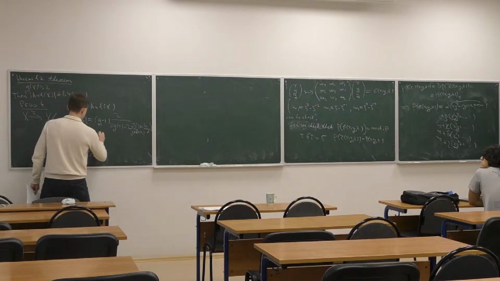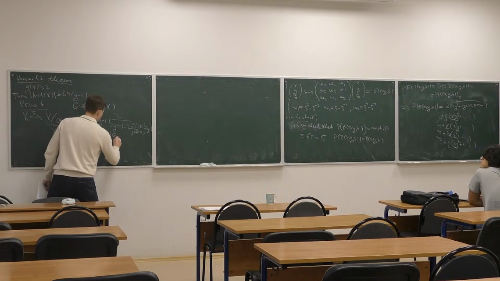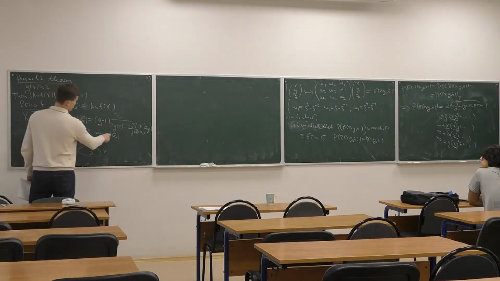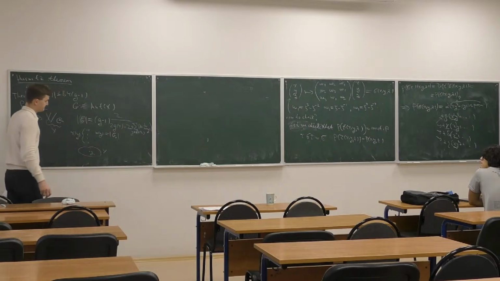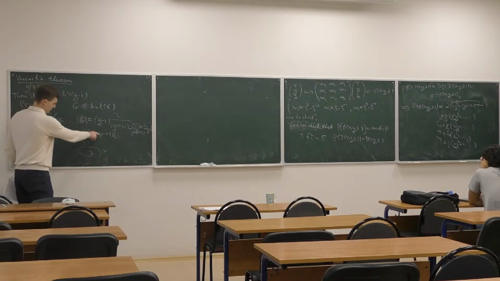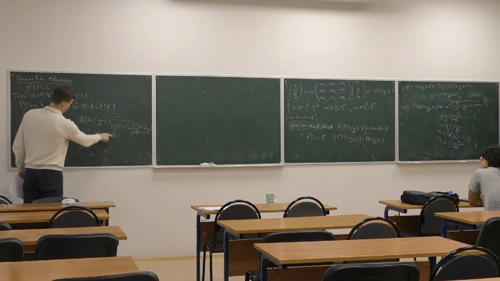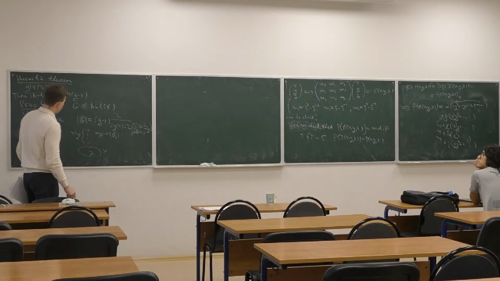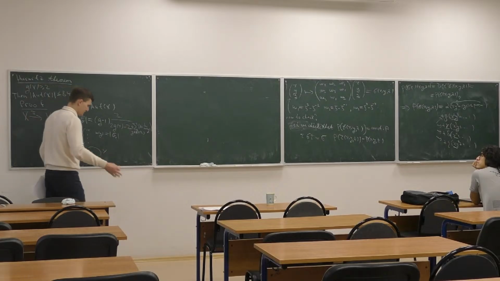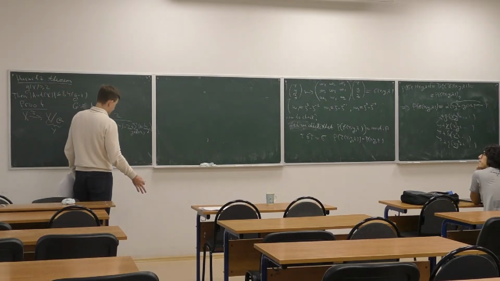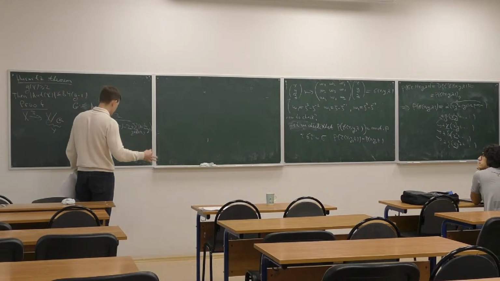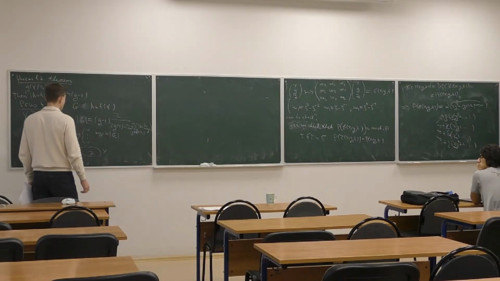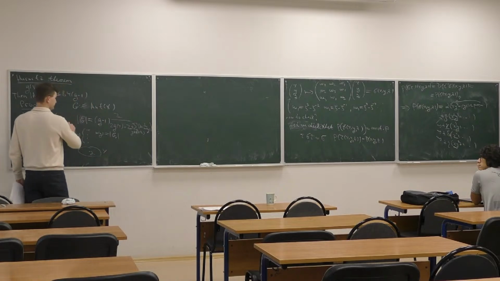Then m of y is by definition the number of the elements in the stabilizer of this point x. And then we discussed that this number doesn't depend on the choice of the point, because the orders of the stabilizers of the points in the same G orbit are the same. Okay, and then we got this formula, the main formula.